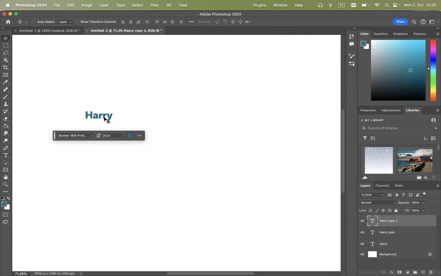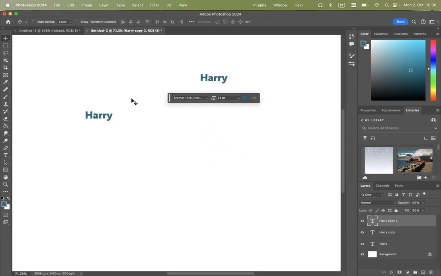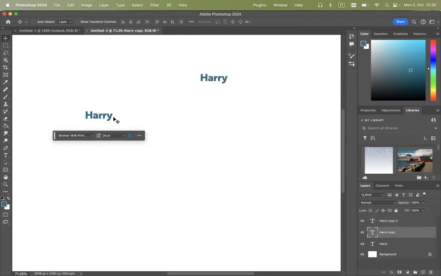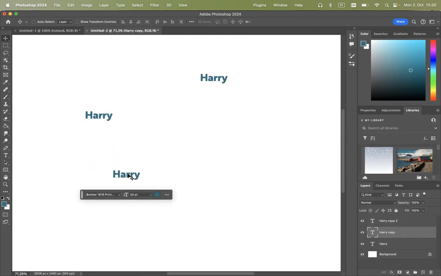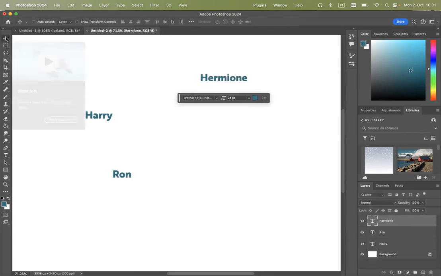Let's draw them out. So we have Ron and we have Hermione. And surprise, surprise, we have a triangle here.